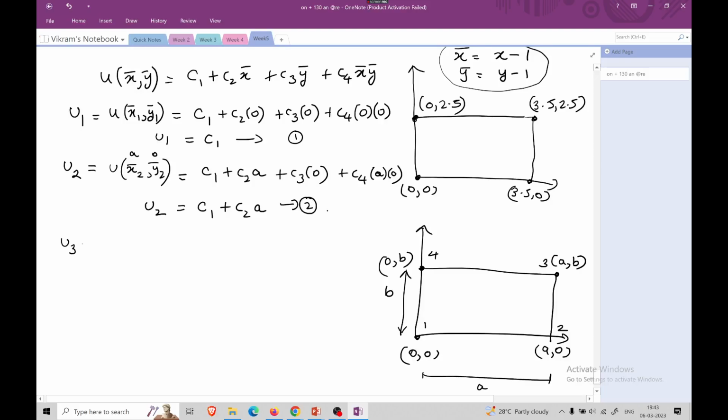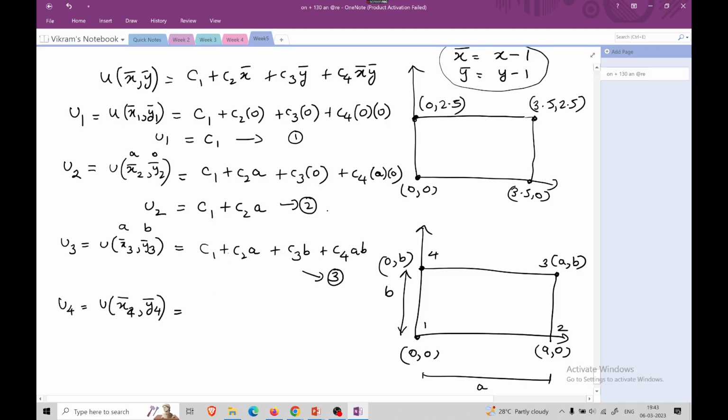So third, u3 is equal to u of x3 bar comma y3 bar. So this is going to be a and b. So this will be C1 plus C2a plus C3b plus C4ab. This is my third equation. So fourth equation, u4 is equal to u of x4 bar comma y4 bar.